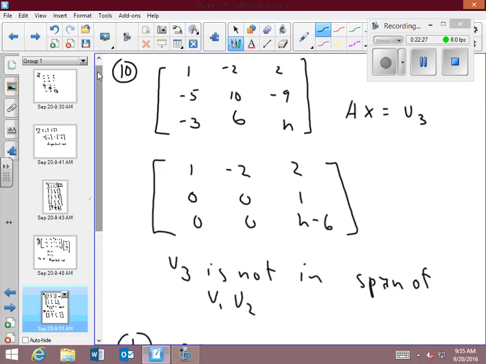The question to ask is, for what values of h is it linearly dependent? Well, there's no values of h. You can't get a 0 in there, and you can't get a 1, so you're really stuck. So no values of h.